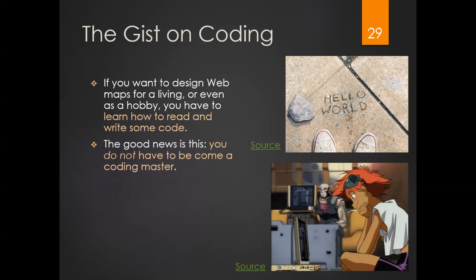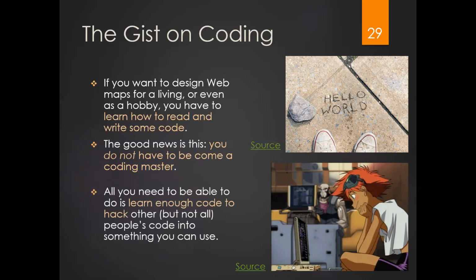You don't have to be a coding master, but all you need to be able to do is learn enough code to hack other people's code, which means you need to read some programming books and also know the mechanism of a specific or several programming languages. And then you go to GitHub or other websites who share people's codes.